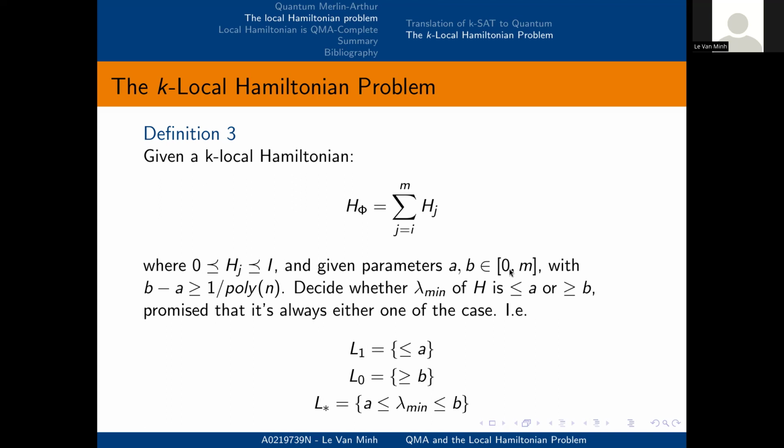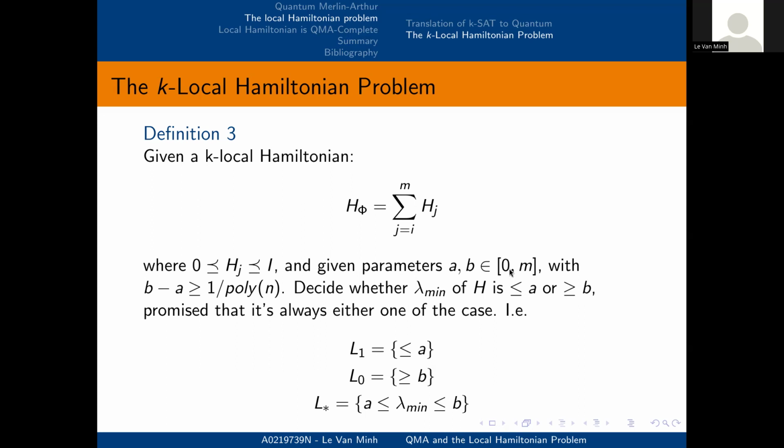We are given two parameters a, b in the range from 0 to m, such that between a and b there is a gap that is polynomially small.